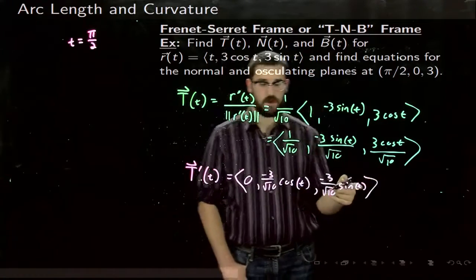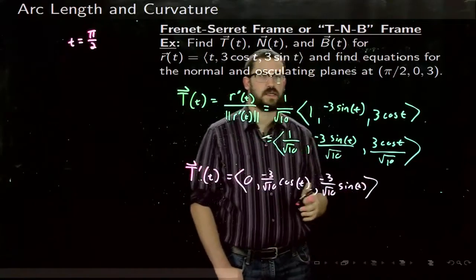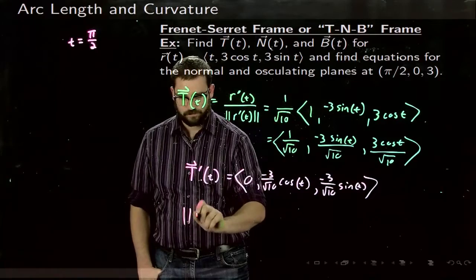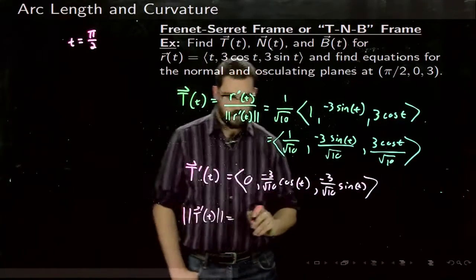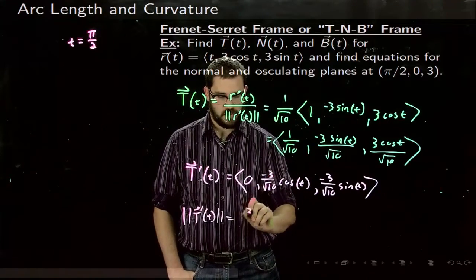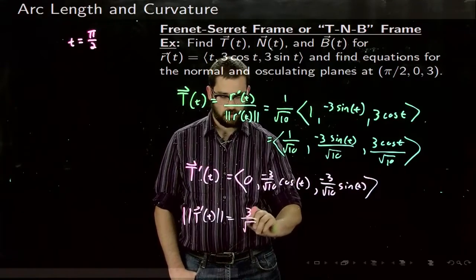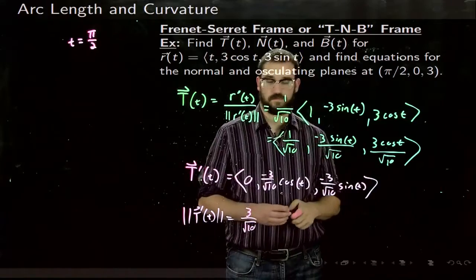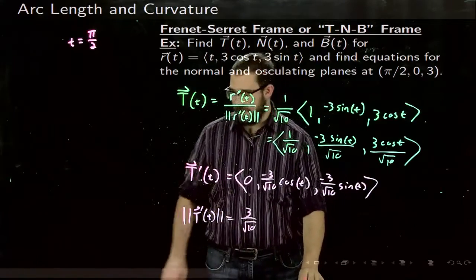The magnitude of this function can easily be seen to just be equal to 3 over the square root of 10, just because of the properties of sine and cosine.